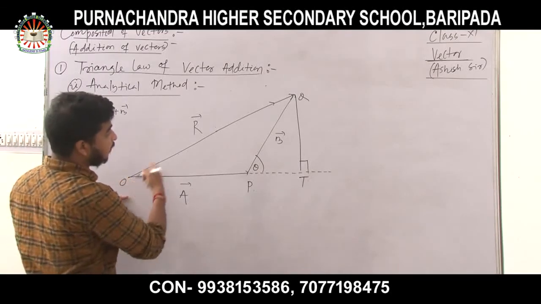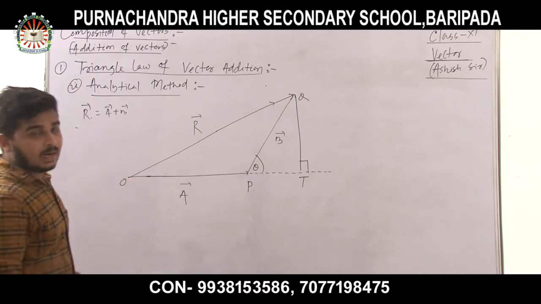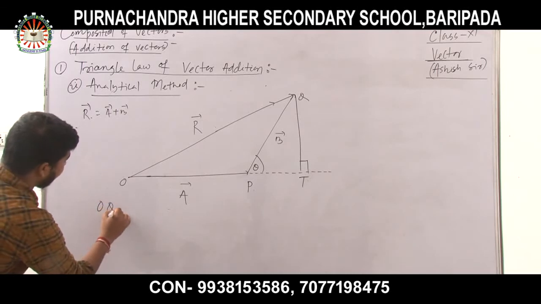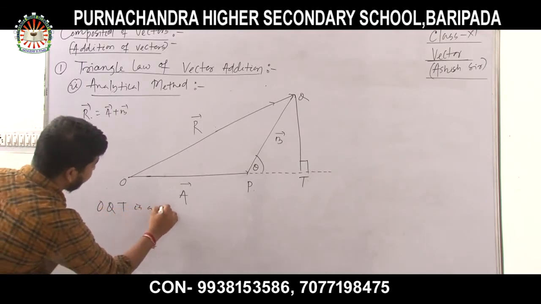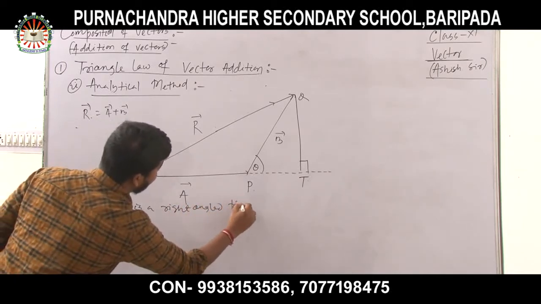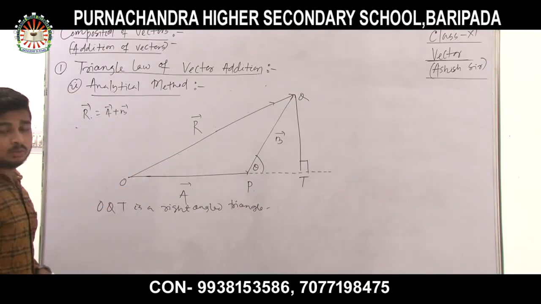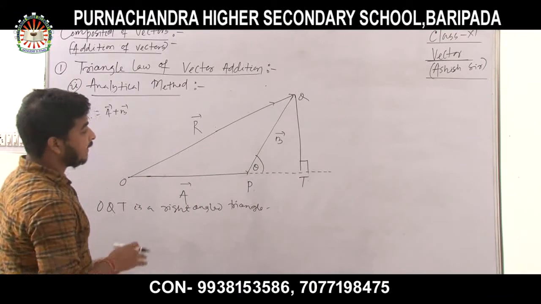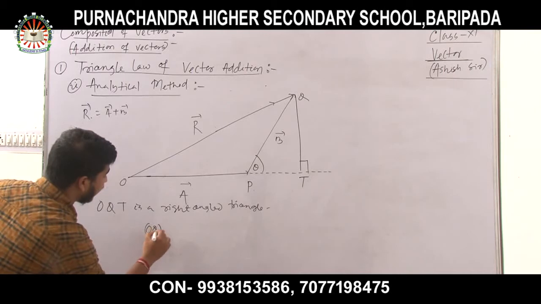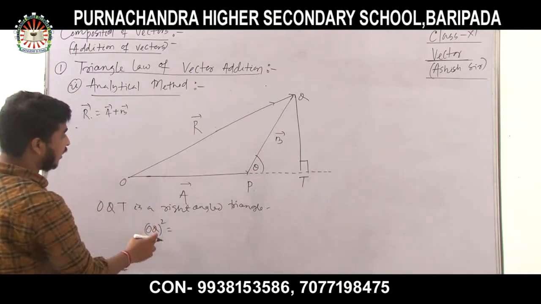Now look, OQT is a right angle triangle. According to the Pythagoras theorem, you can say OQ square is equal to h square equals p square plus b square.